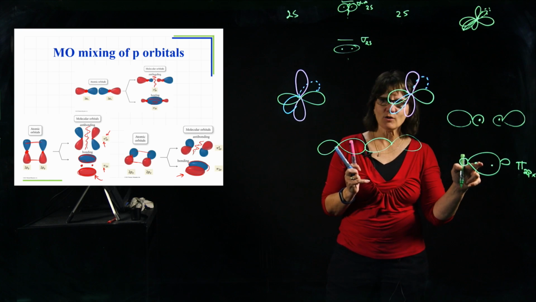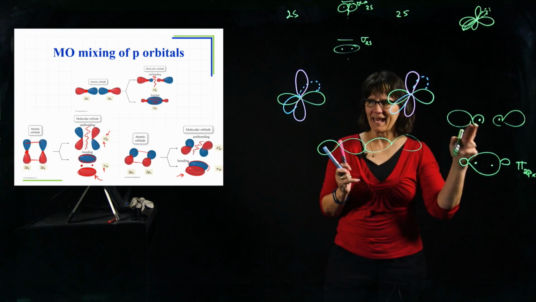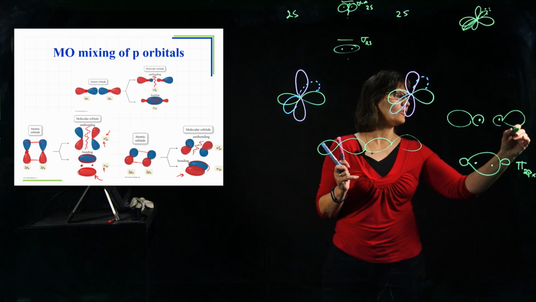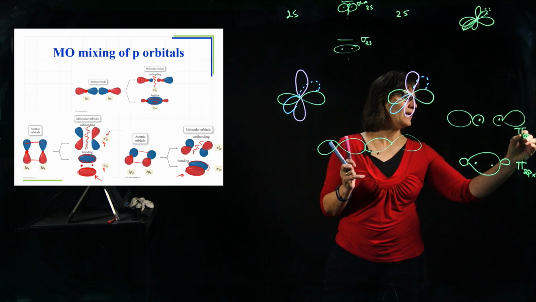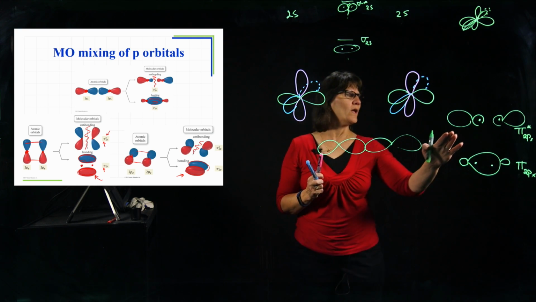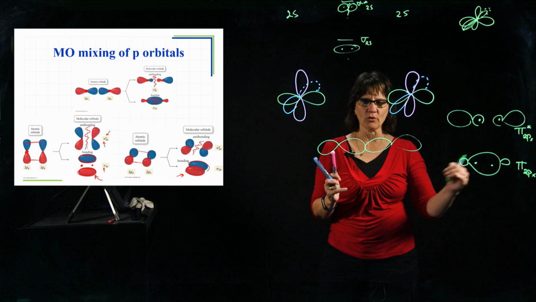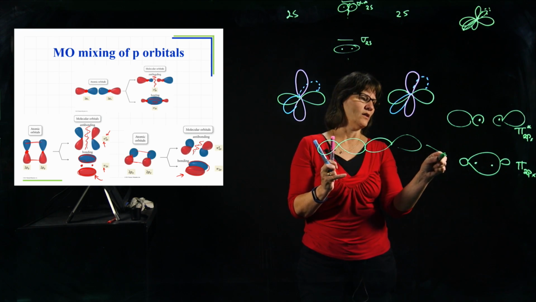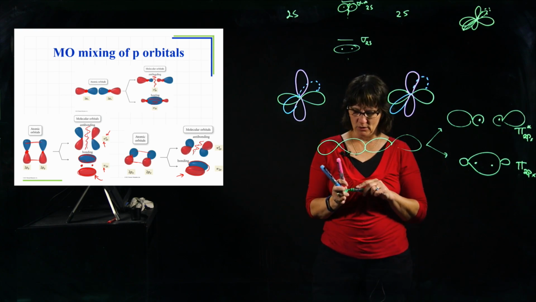Okay, this is an orbital. This is an orbital. It looks like 2 orbitals, but this is an orbital. This orbital is called pi 2p x with a star above it. Okay, so we have these 2 new orbitals that came from these 2 old atomic orbitals when they interacted. One is lower in energy and one is higher in energy.